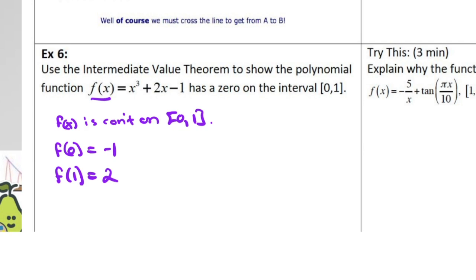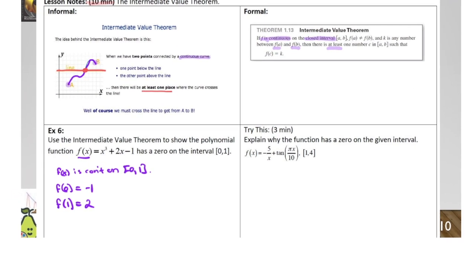So when we look at the formal definition, we have f is continuous, got it. It's on the closed interval, got it. We know that f at a is not equal to f at b, we know this. Then there must be one number c between a and b such that f of c is a value in between. So what we know is that -1 is less than or equal to 0, which is less than or equal to 2.